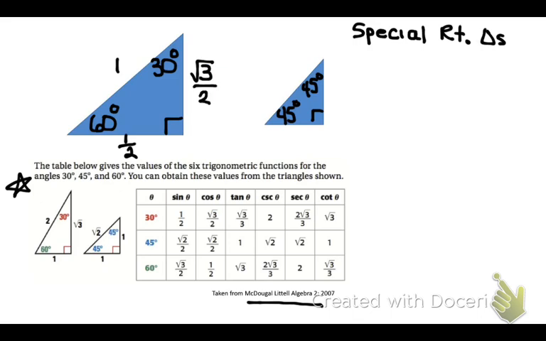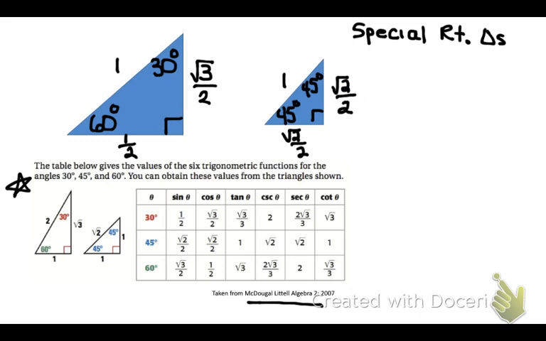And for our 45, 45, 90, if we said the hypotenuse was 1, then we'd have square root 2 over 2, and then because their angles are the same, these two side lengths are actually going to be the same.